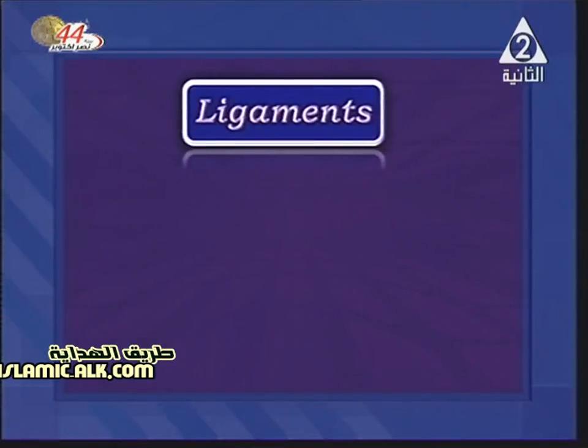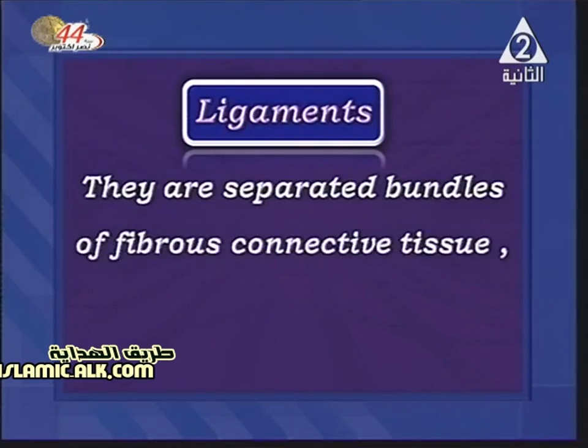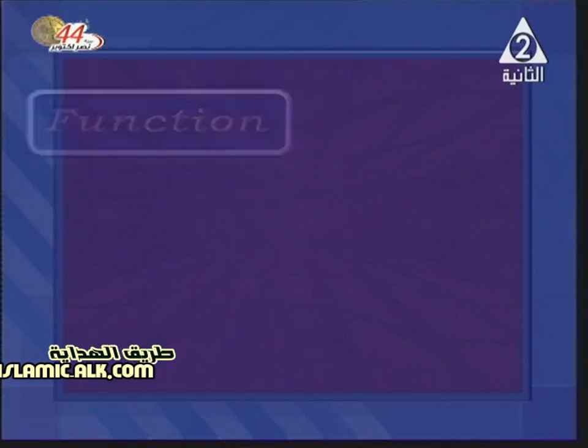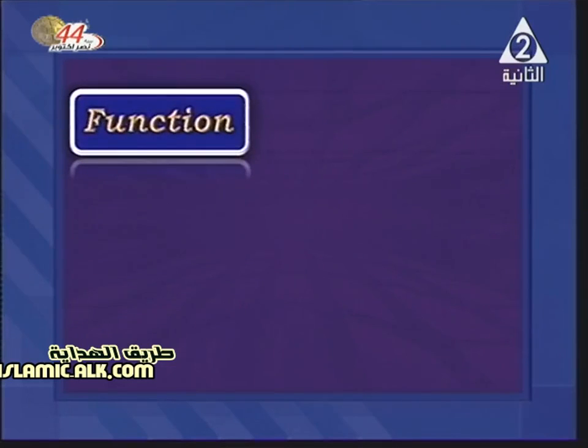Ligaments. As we finish from the joints, we're going to start with ligaments. What are they? They are separate bundles of fibers from connective tissue. Their tips are fixed on the two bones of the joint. What is the function of the ligament?